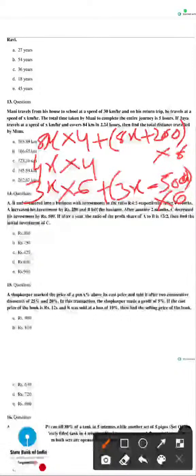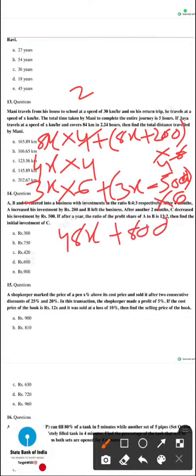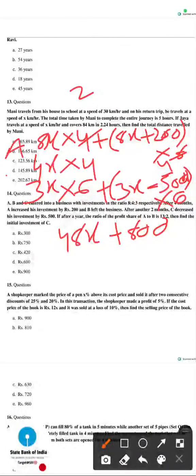Here there is 2 here, there is also 2 here, means we are left with 4. So 8 2 times 16x plus 8 4 times 32 plus 800, which will be 48x plus 800 for A. Next, in this we cancel 2, we are left with 4x into 2, which will be 8x.